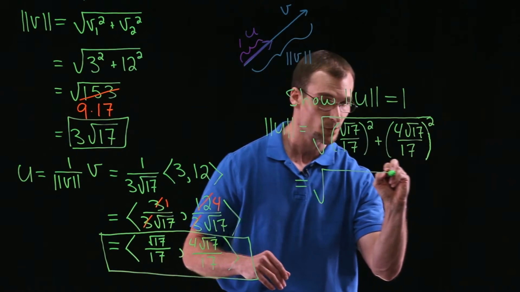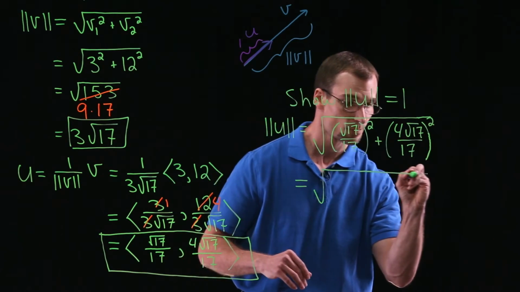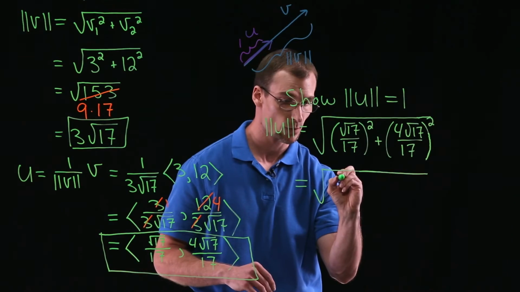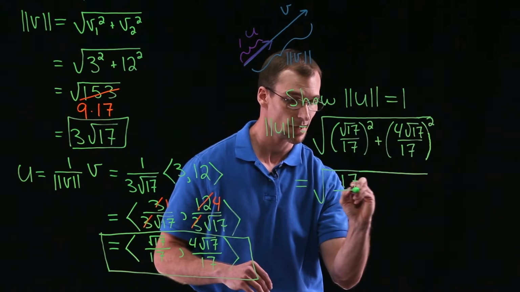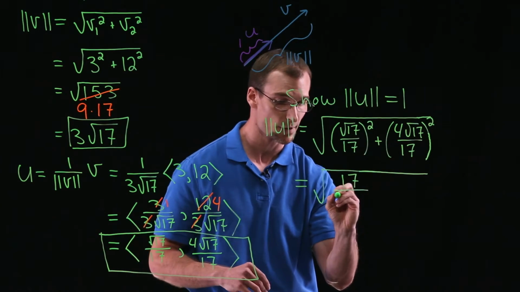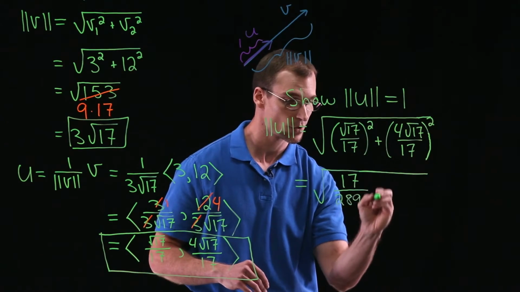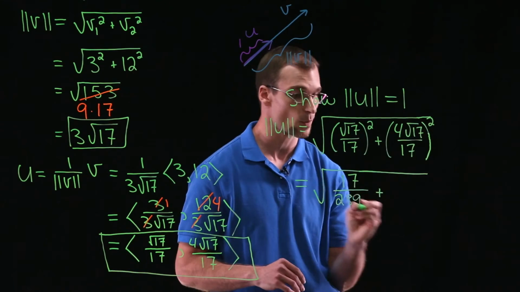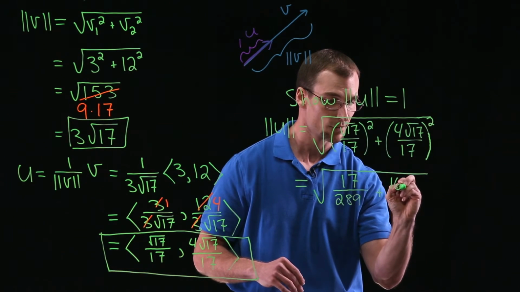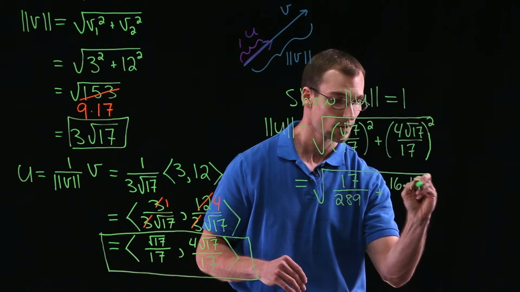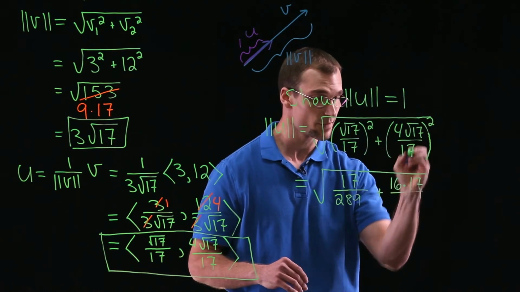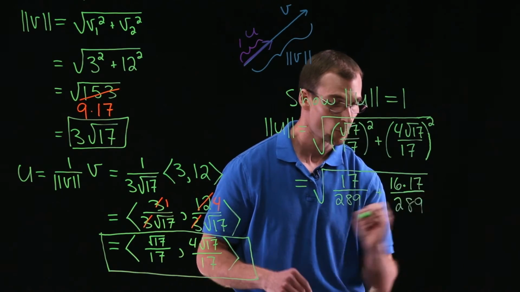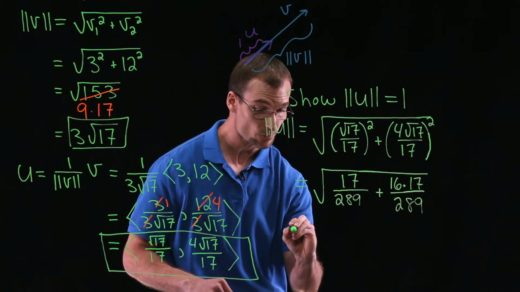So this gives us the square root of, squaring the square root of 17 over 17, we get 17 over 17 squared, which is 289, plus squaring this term, 4 times the square root of 17, gives us 16 times 17 over 17 squared, which again is 289.